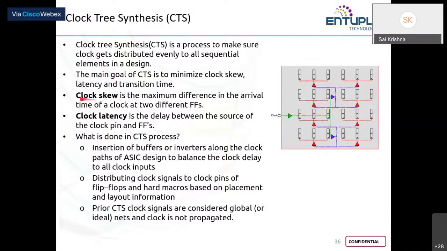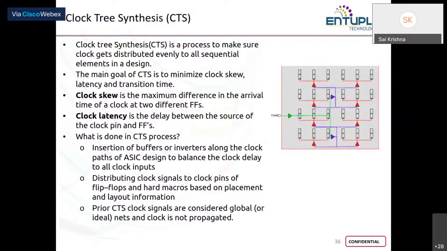That difference is called clock skew. This should not be confused with clock slew. Slew, S-L-E-W, is your transition time. Skew is the difference in clock arrivals. And so that is your clock tree synthesis.